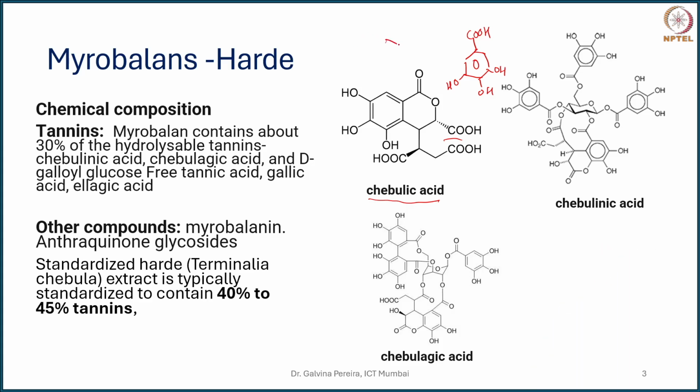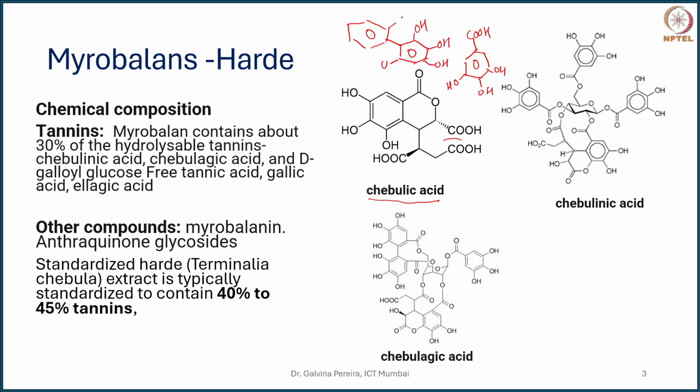So if you see gallic acid in its dimeric form, I'll just put it next to chebulic so that you all can correlate. So this is a diphenyl moiety. This is the carboxylic end, and opposite to that we have 3 hydroxys.